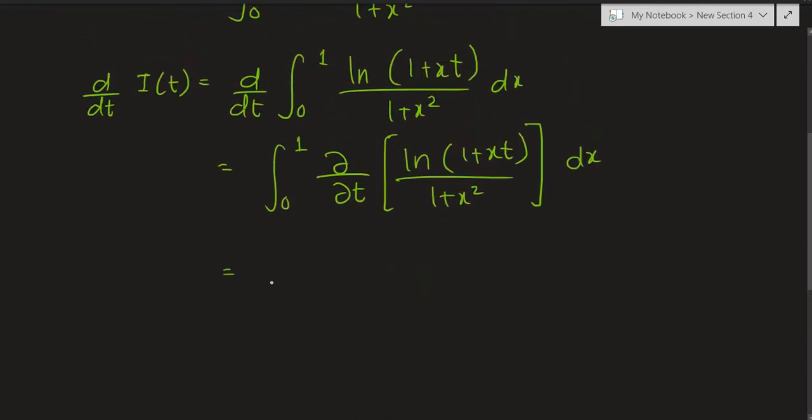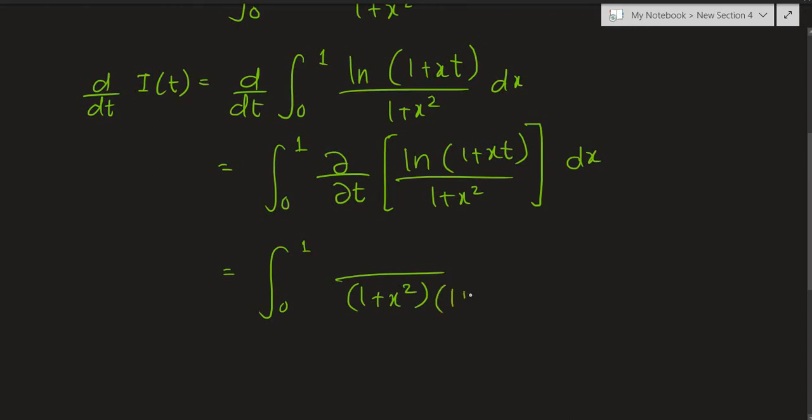So now, with respect to t, 1 over 1 plus x squared is a constant, so that's just as it is. And when we differentiate the natural log, we have to use the chain rule, so that we have to basically include the derivative of the inner function with the inner function intact.